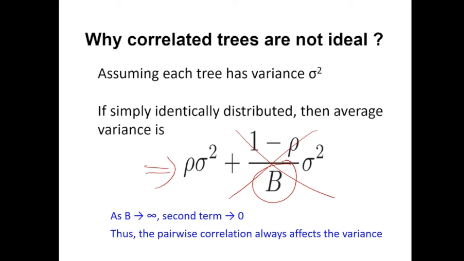When rho equals 1, this is exactly like the base classifier: your base classifier has sigma squared, and when you have B different classifiers, their variance is still sigma squared. Then think about what the whole bagging or random forest is: there's no benefit it brings at all. So that's why rho is important. When I have rho close to 0, this is a huge improvement over the base classifier decision tree.